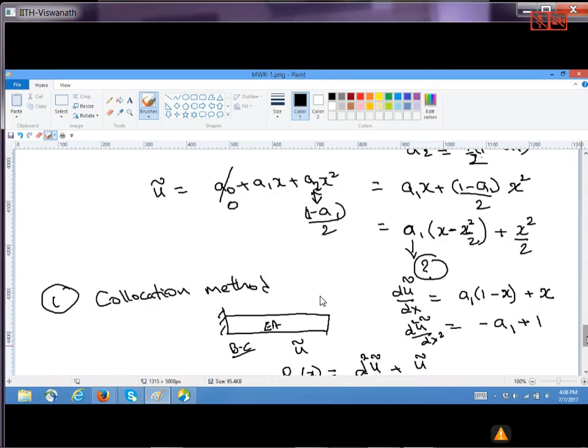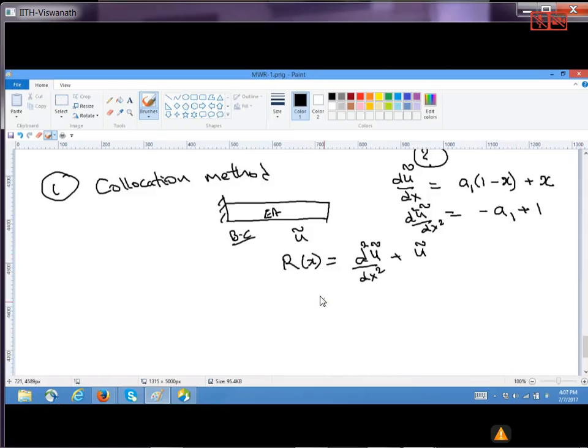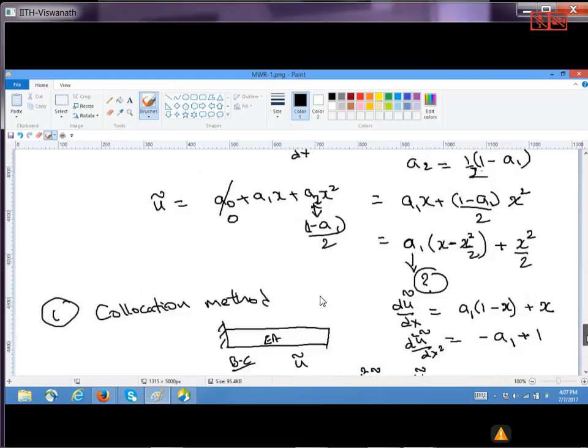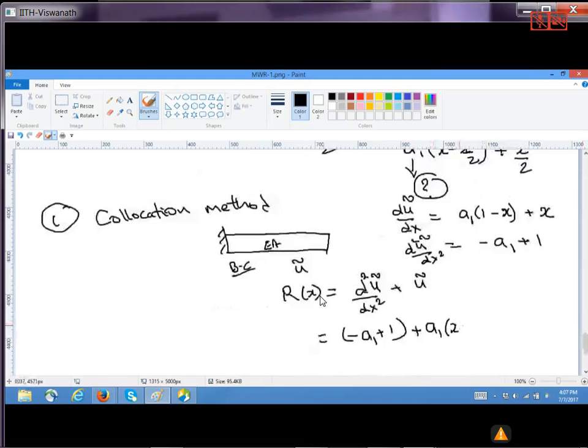So I put it here: minus a1 plus 1 plus a1 x minus x square by 2 plus x square by 2 is my residue. This is the residue for the given problem.